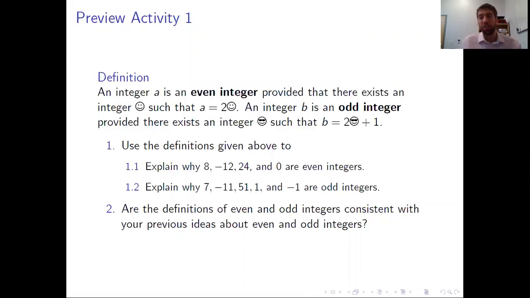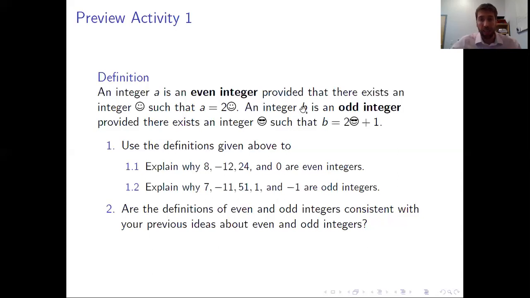Here is the definition from preview activity 1. However, I changed some symbols, because sometimes when I've taught this in the past, students get locked in on the symbols for unknown algebra numbers, so sometimes it's fun to mix them up. Definition: an integer a is an even integer provided that there exists an integer smiley face such that a equals 2 times smiley face.